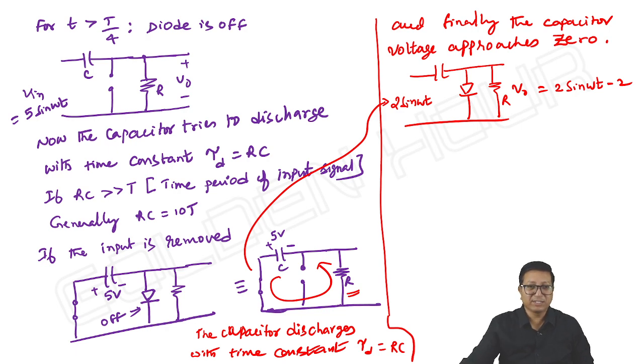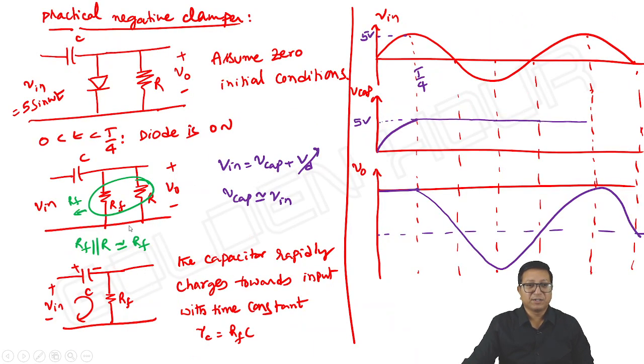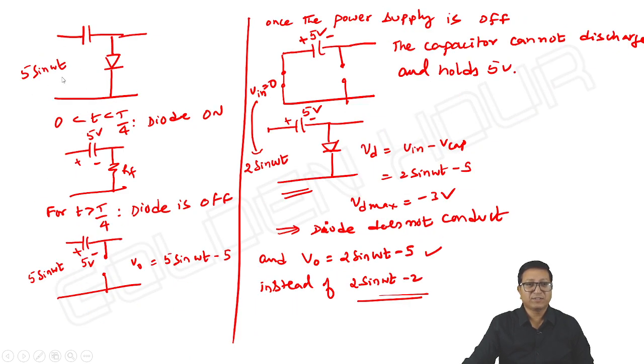Okay, and one more thing here, if you use this circuit, as I said, the practical clamper circuit, here 5 sin omega t, next I applied 2 sin omega t. If I give some 6 sin omega t, no issues, because if the input is, instead of 5 sin omega t, 6 sin omega t, then the capacitor will charge up to 6 volts.